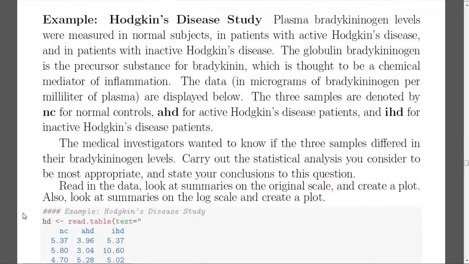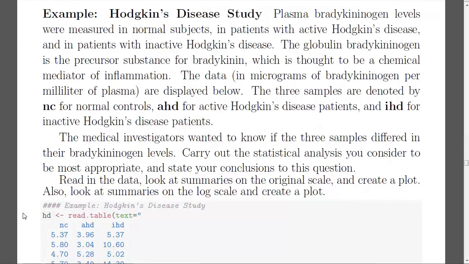All right, let's look at a second example. Hodgkin's disease. So I actually have a lot of research you'll find on my CV on Hodgkin's lymphoma in children, and this is a similar type of study. So here we have 3 types of samples.